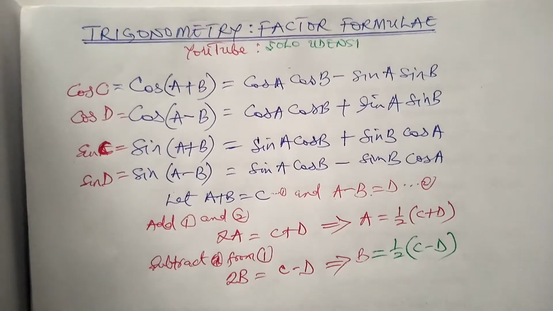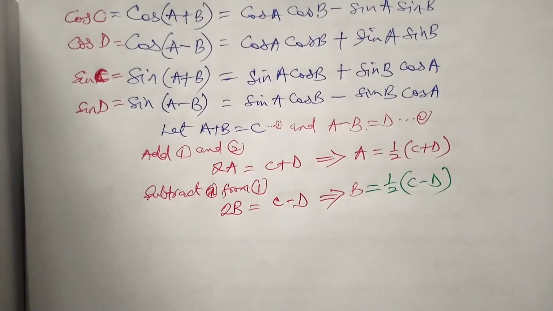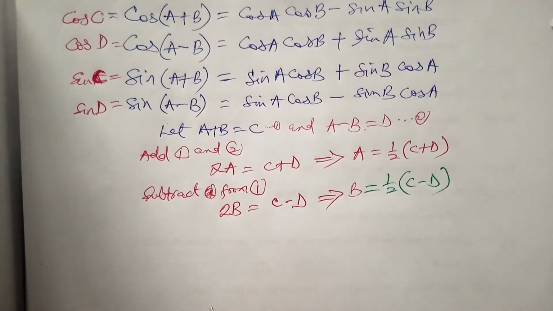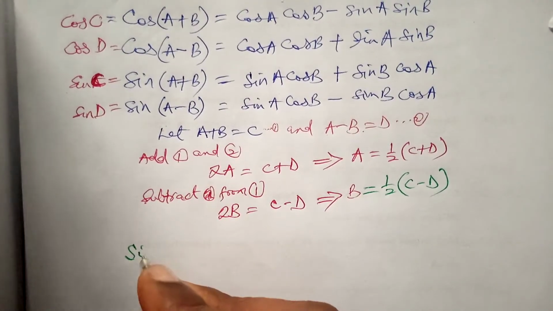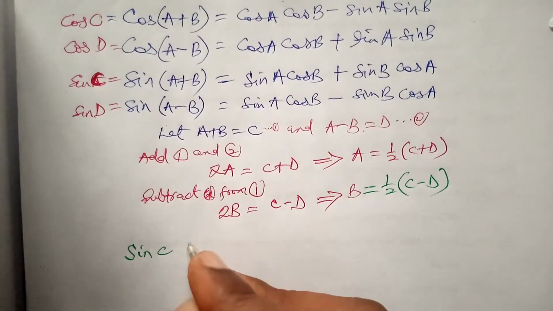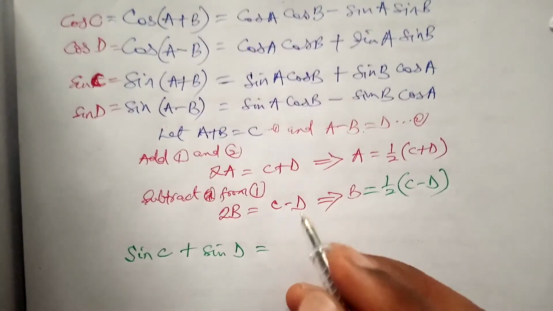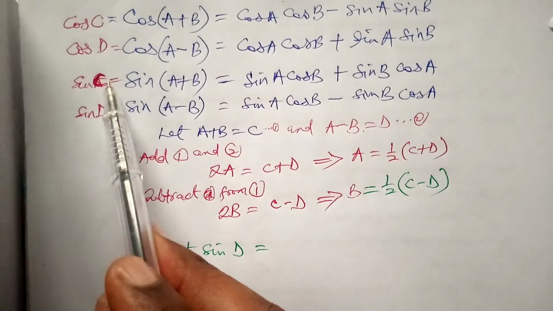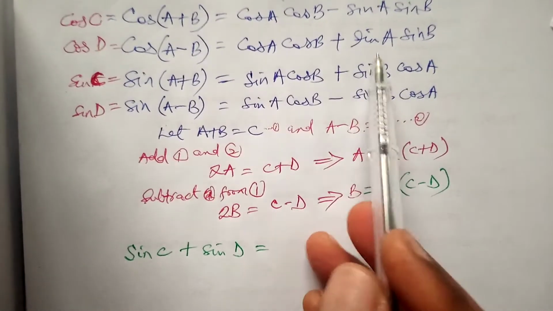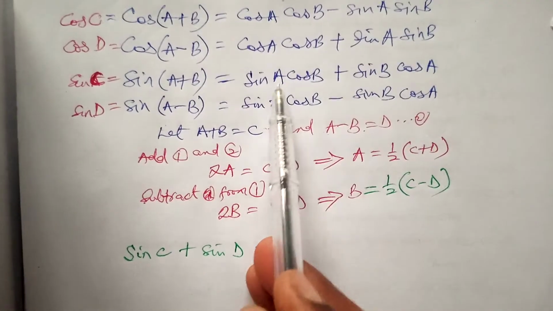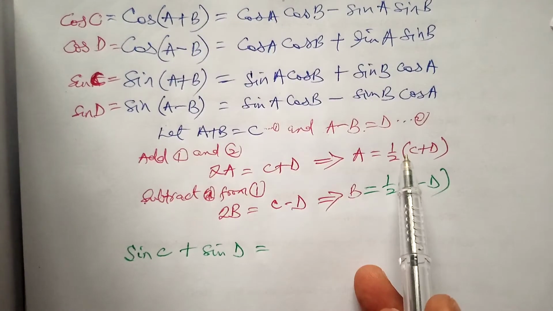With this, we are going to do some important transformations to arrive at the factor formula. If we have sin C plus sin D, this one is going to go, so we'll have 2 sin A cos B, and we have found what A is.